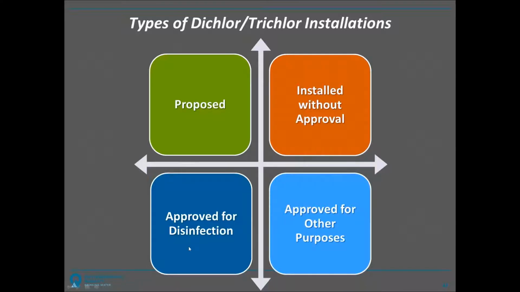We also have some installations that were previously approved for disinfection before we were made aware of the uncertainty related to the analytical method. And we have some installations that were approved for other purposes. For example, the water system received approval by stating they are using it for corrosion control.